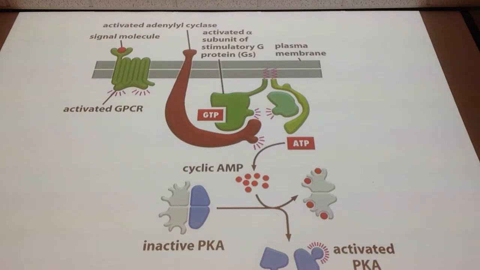It's just PKA that we focus on, but it could be a number of different enzymes, right? Number two, PKA can phosphorylate a number of different transcription factors. And each transcription factor may bind to a number of different response elements of a number of different genes.